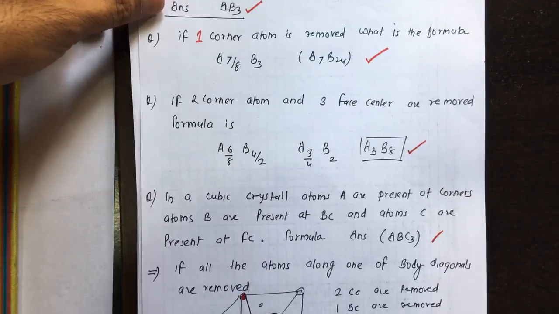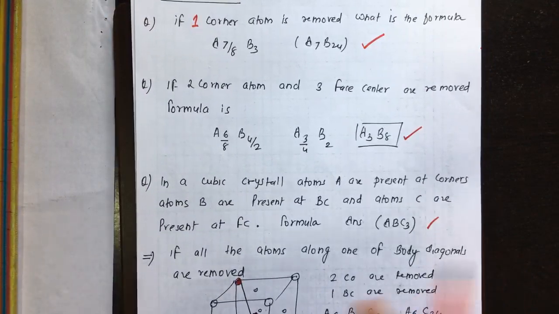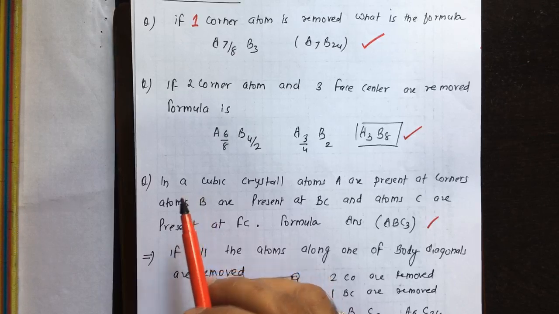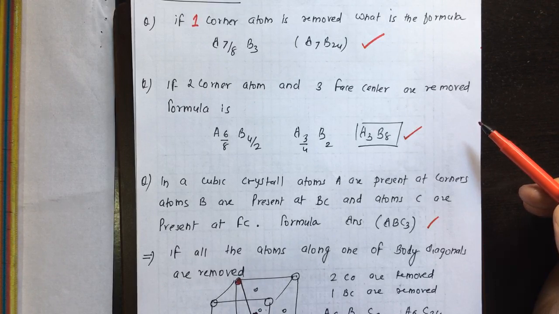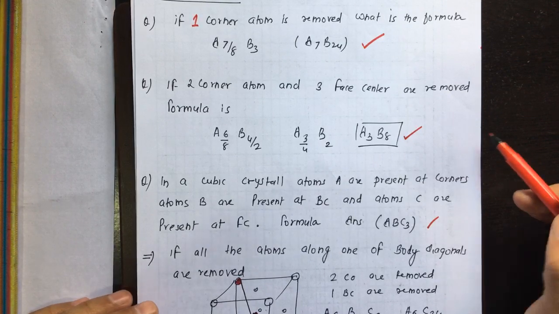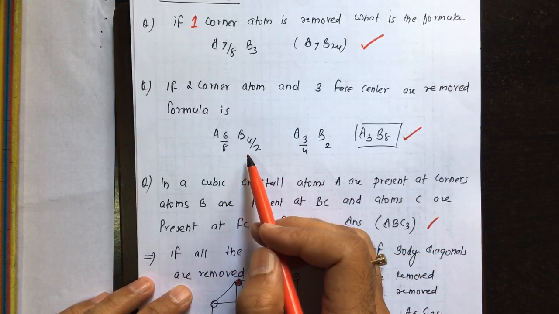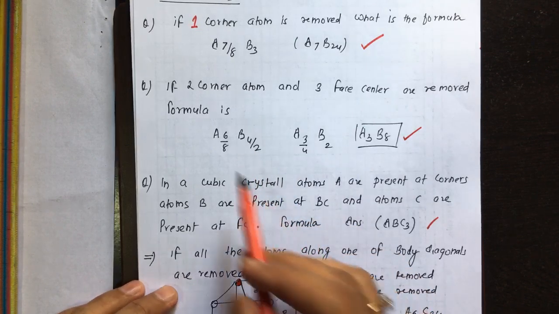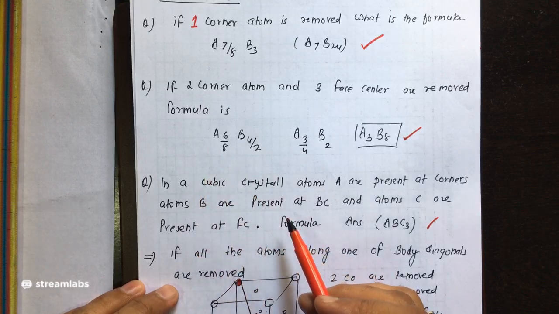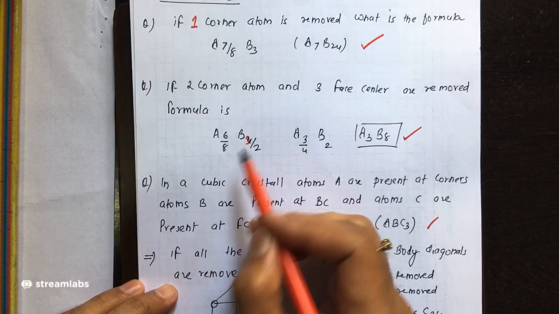Now again I'm making a deviation from the first question. If two corner atoms and 3 face centers are removed, what is the formula? No problem. If two corners are removed, the corner has 6 by 8, and the face has half, so if 3 face centers are removed, it will become 3 by 2.